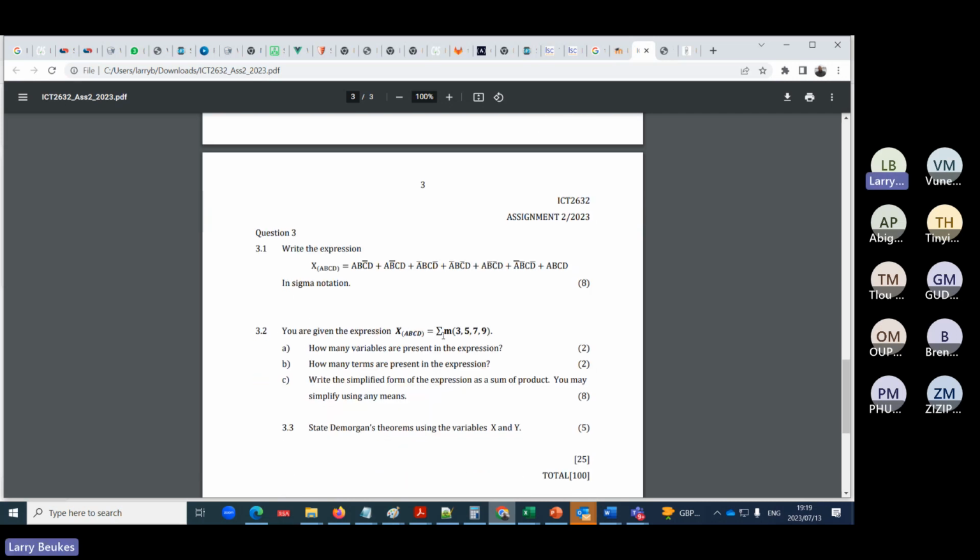You are given the expression, how many variables, how many terms. Write the simplified form of the expression as a sum of products. You may simplify using any means. Write the simplified form of the sum of products. Okay, so what is this one? How many variables?